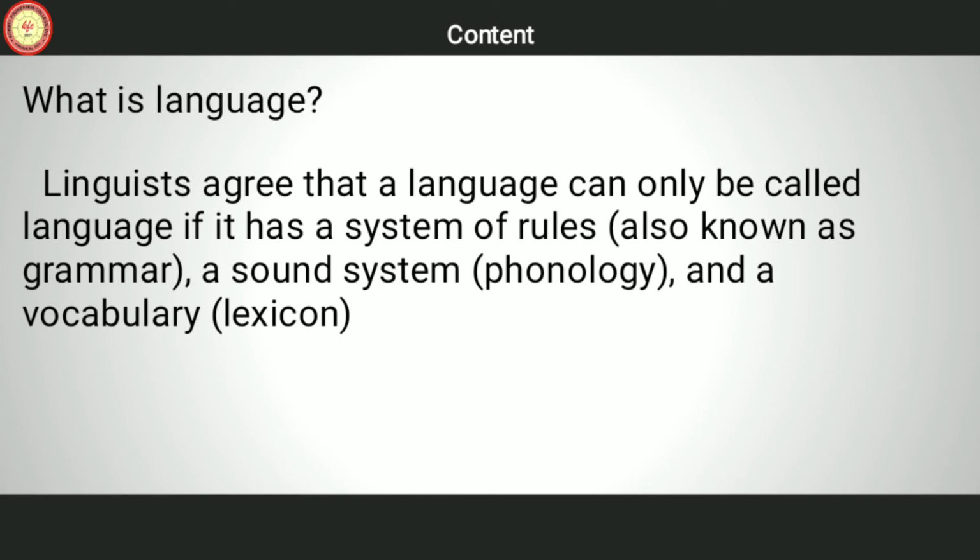So therefore, what is language? So according to linguists, they agree that a language can only be called language if it has a system of rules known as grammar, a system of sound known as phonology, and a vocabulary, lexicon. So a language will not be complete unless there's grammar, there's phonology, and there is lexicon or vocabulary. So together with the creation of human life is also the creation of a wonderful and dynamic human capacity known as language.